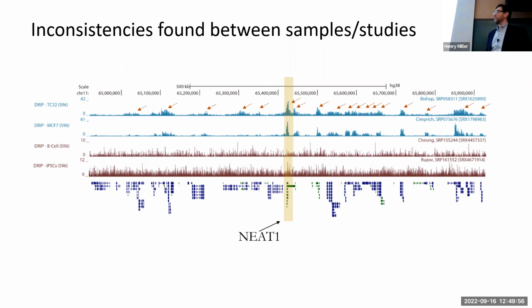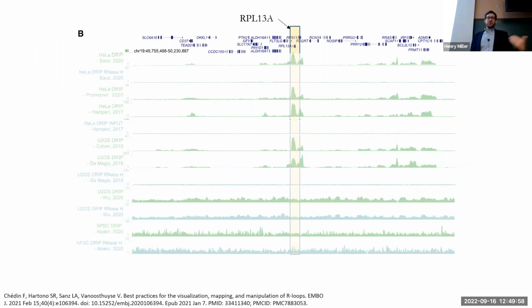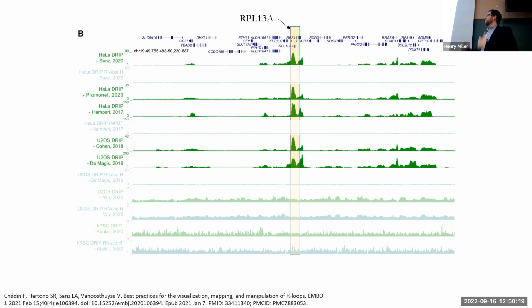We weren't actually the only ones to notice this. Dr. Chedin and his recent EMBO commentary found very similar results. So I'm just showing you a figure from that paper. They looked, instead of at NEAT1, at RPL13A, which is another gene that has very high and consistent levels of R loop formation. And so we see here several samples that map that R loop quite well.